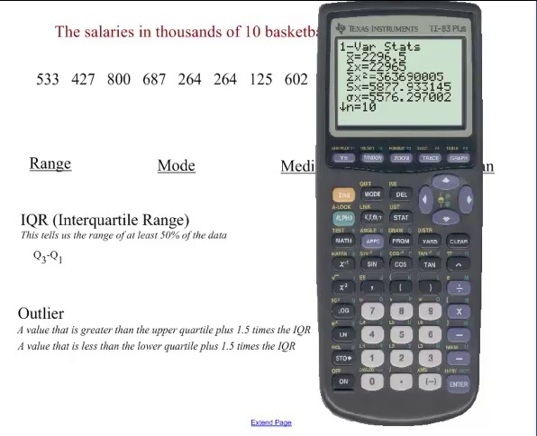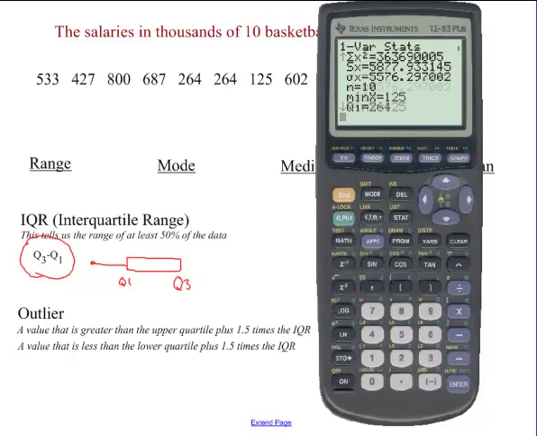We have, for interquartile range, Q3 minus Q1. And when you do your box and whisker, remember, that's your box. Your box starts at Q1, and then it goes to Q3. This is where at least 50% of your data will be.